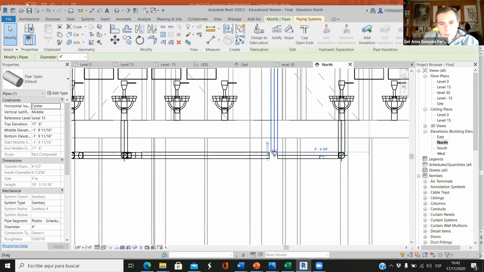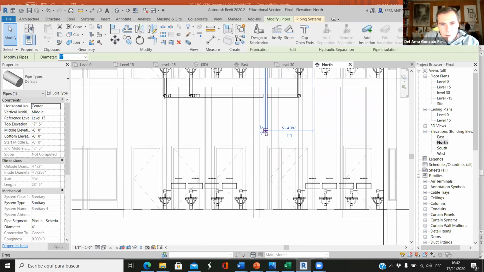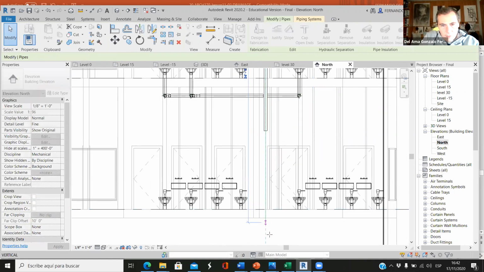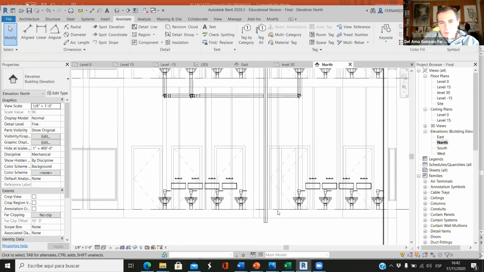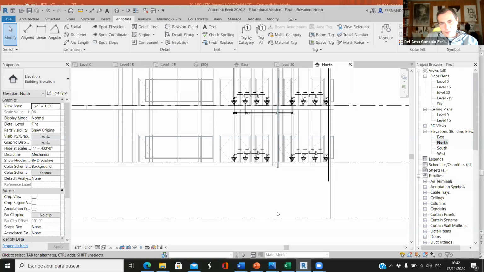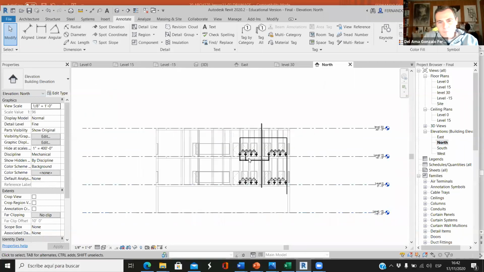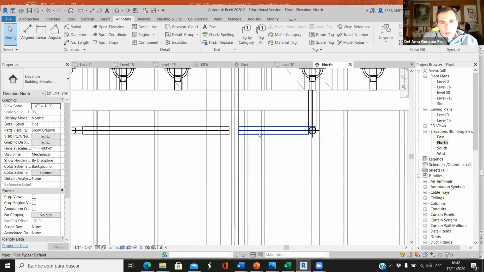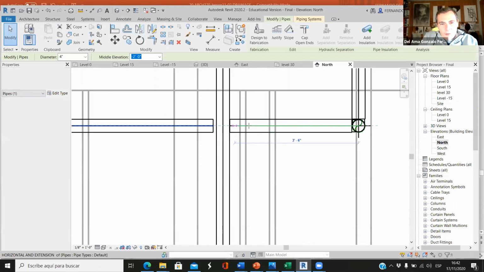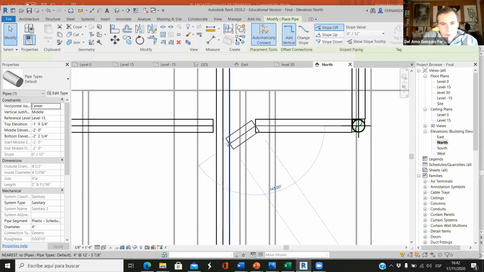Then we need to go down beyond the first floor slab level, and now we are in the basement. Usually we don't go down into the basement. We can go through the basement ceiling all the way out of the building. What we have to do now is draw a pipe with 45 degrees.